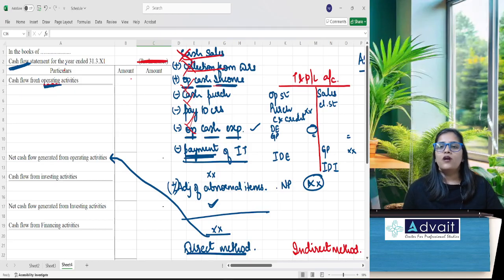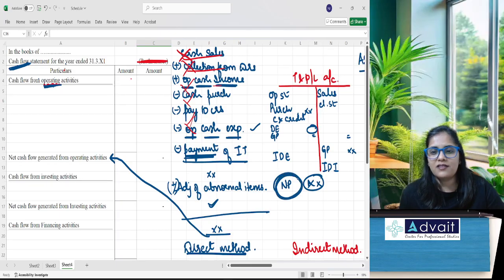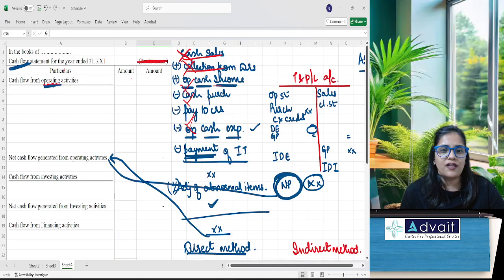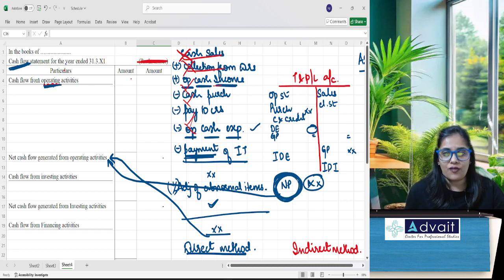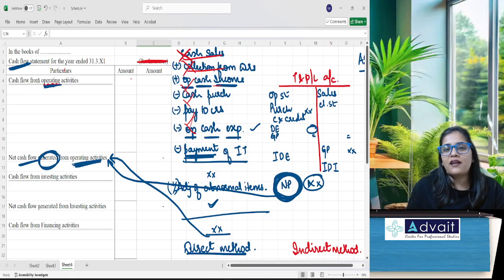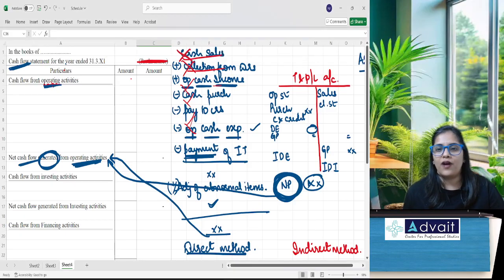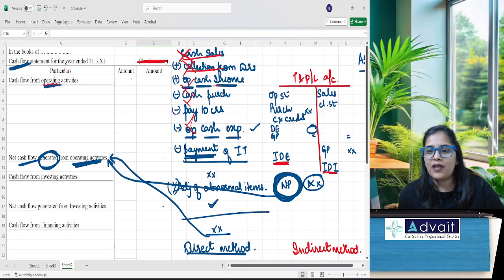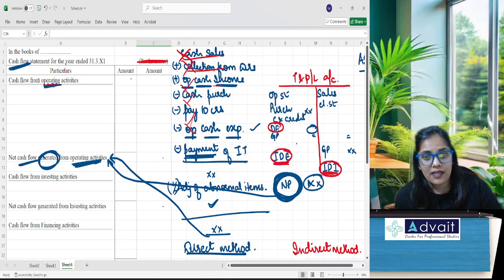Now, can we assume that this net profit, which is given to us directly in the question, is the cash flow generated from operating activities? No, no. Why? Because in these indirect incomes and indirect expenses, we include cash items and non-cash items.